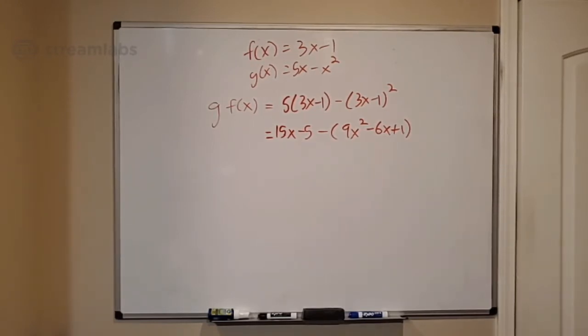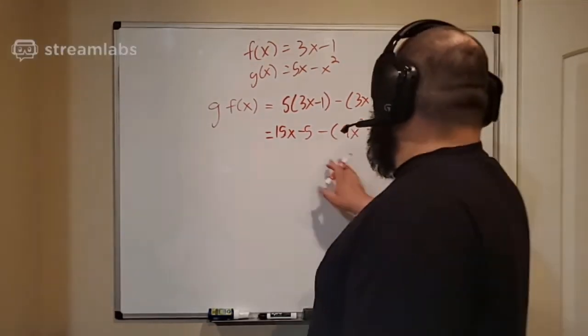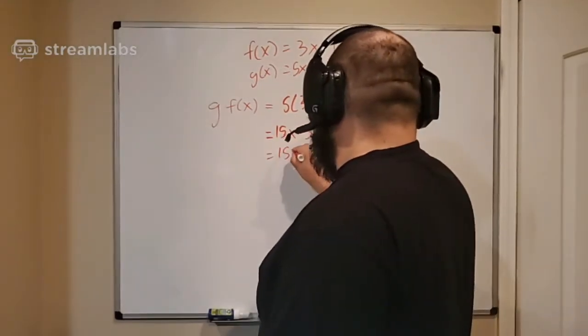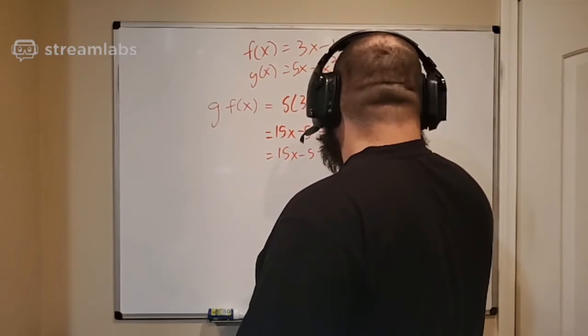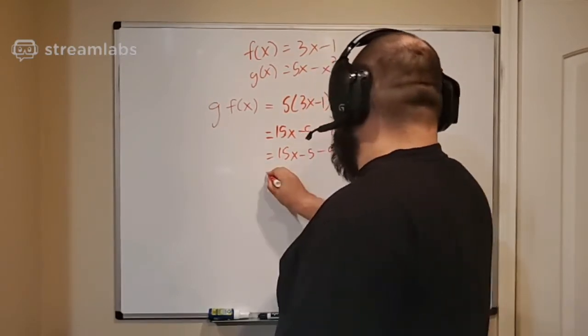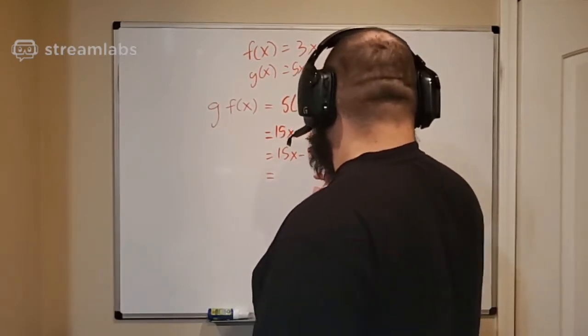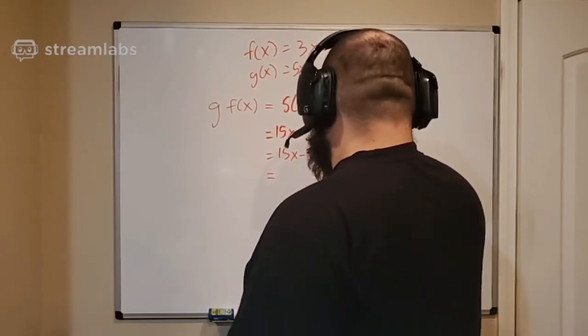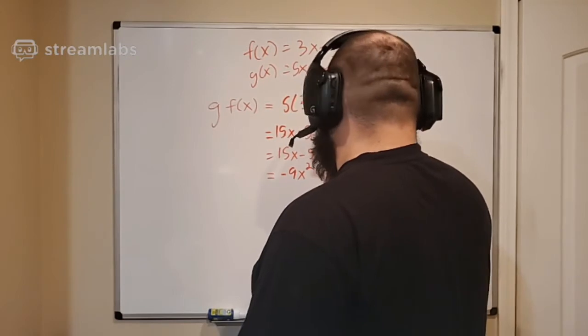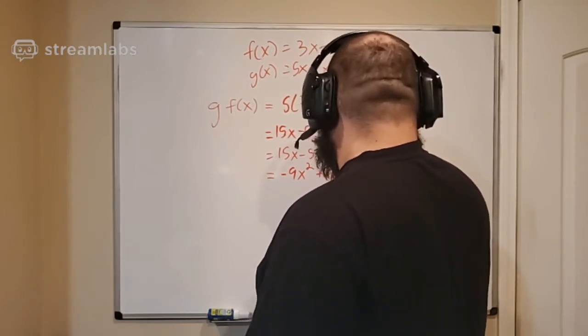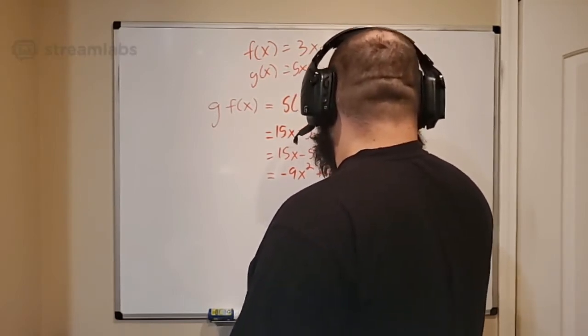So you get 15x minus 5. Combine all of our like terms and rewrite things slightly. So we're going to get negative 9x squared plus 21x minus 6.